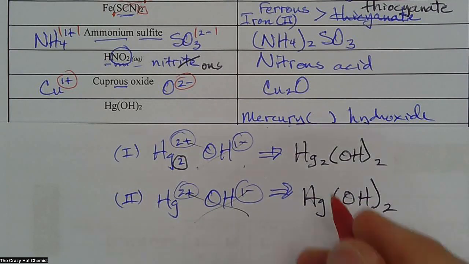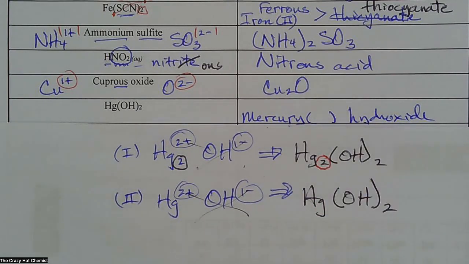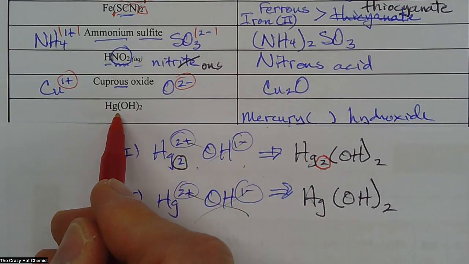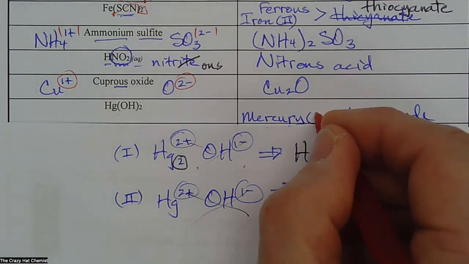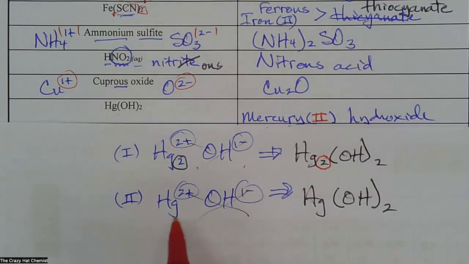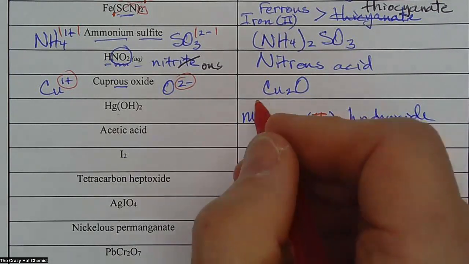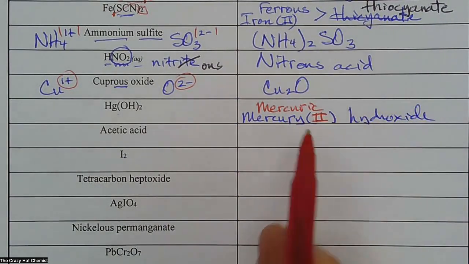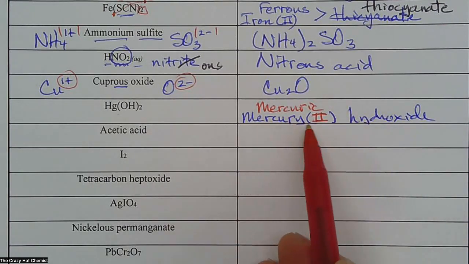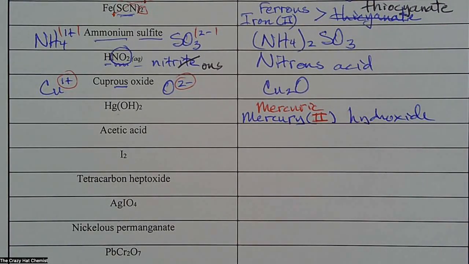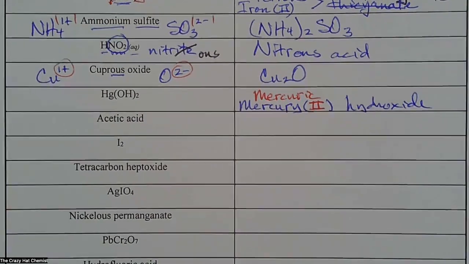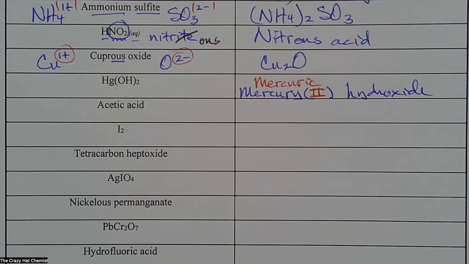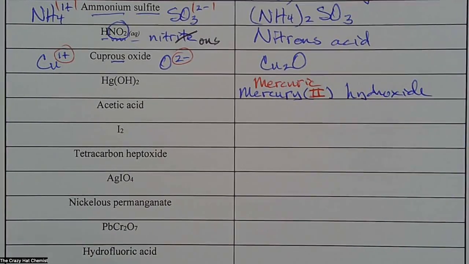And so the difference here is that that mercurous has that 2. The question is, does it have the 2? That's a no. So that means that this is a Roman numeral 2 because it is the mercury 2 compound, and that is mercuric. So it's either mercuric hydroxide or mercury 2 hydroxide. Okay. So again, it's not too complicated, but you should be able to do that in a stepwise fashion.